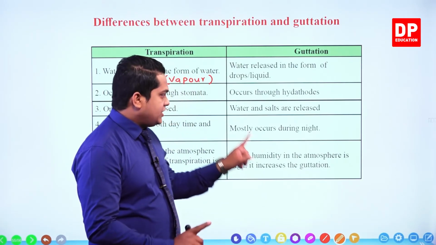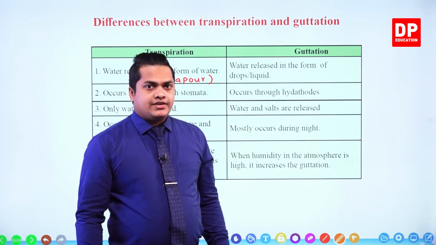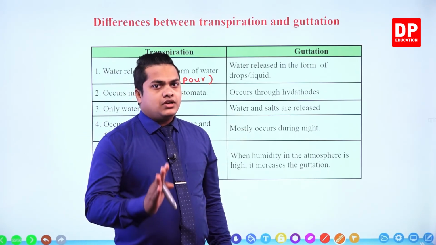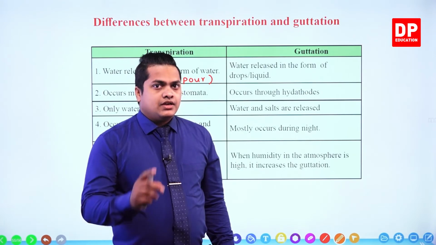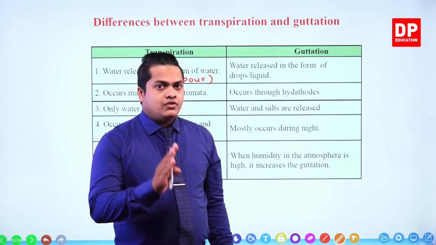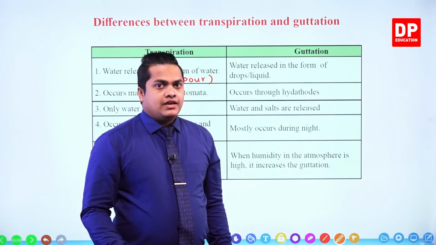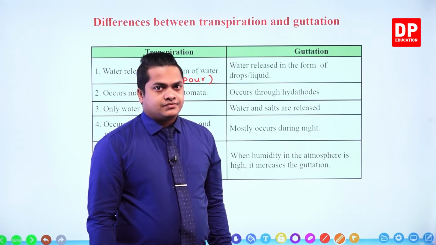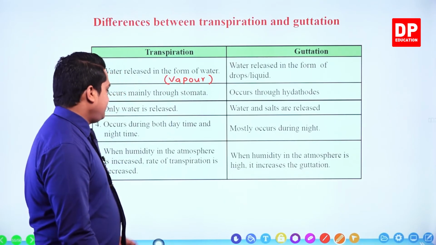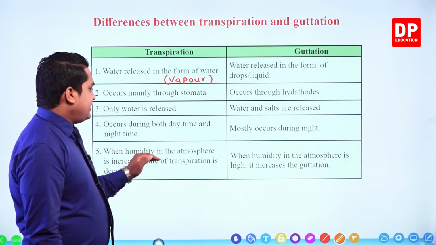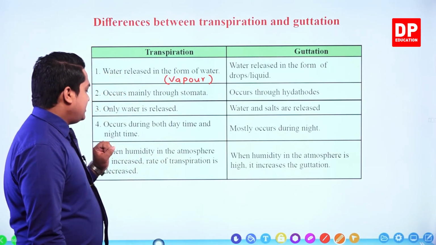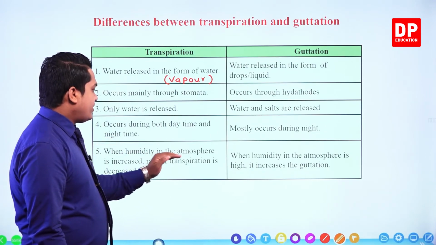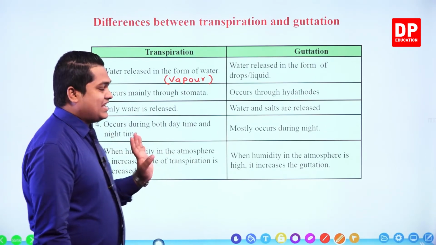But guttation mostly occurs during the night. It is going to occur within night time period upon having high amount of humidity and less amount of light. When humidity in the atmosphere is increased, rate of transpiration is decreased.